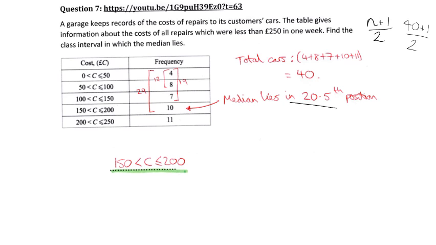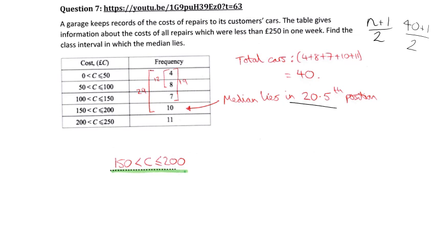So I need to count through my data until I get to my 20th and my 21st. I start with 4 pieces of data. So I've written down 4 pieces of data so far. I then add on the next 8 pieces of data. So now I've got 12 pieces of data. I need to keep going till I get to the 20th. So I then add on the 7.